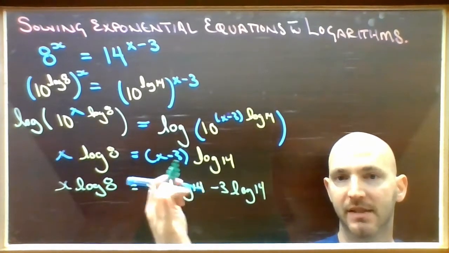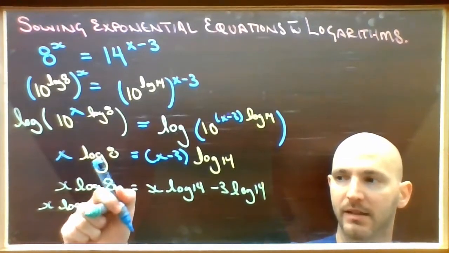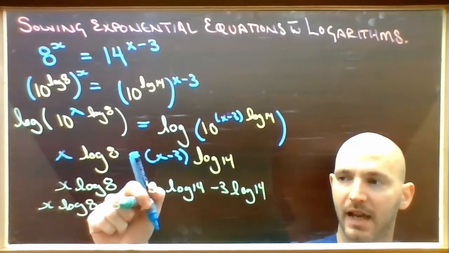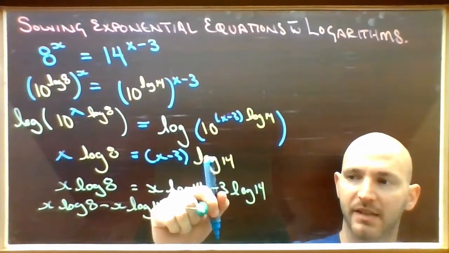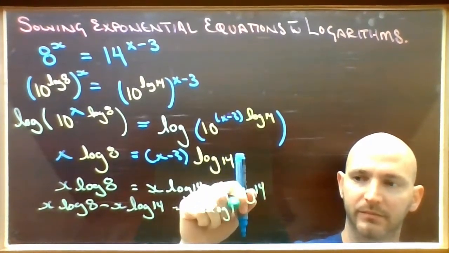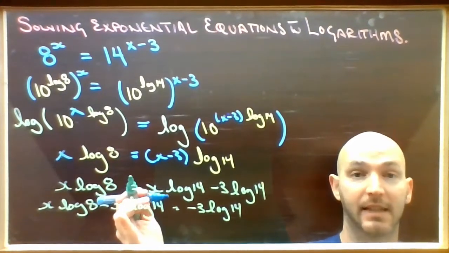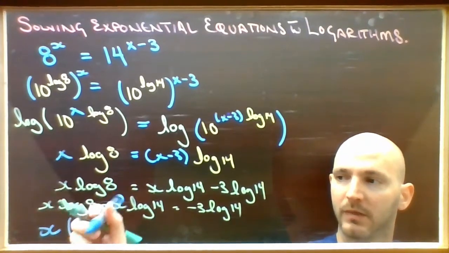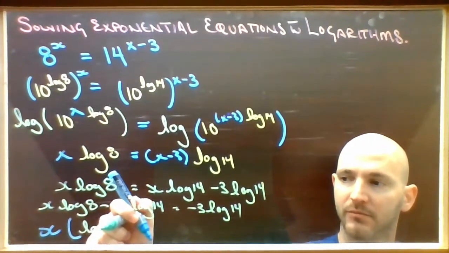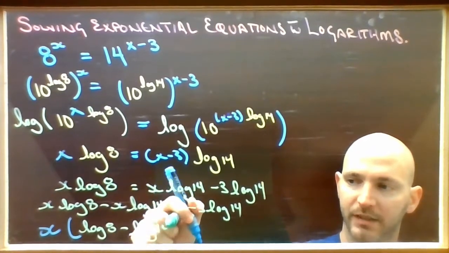I'm going to bring this to the other side, so we end up with x log 8 minus x log 14 equals minus 3 log 14. And there's an x in this and an x in that, so I can factor it out. I'm left with log 8 minus log 14.